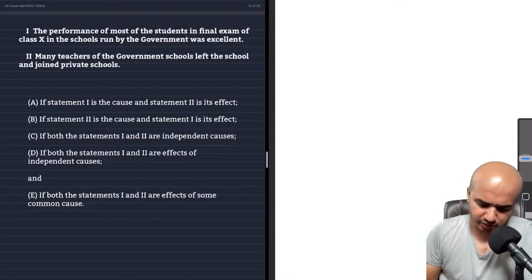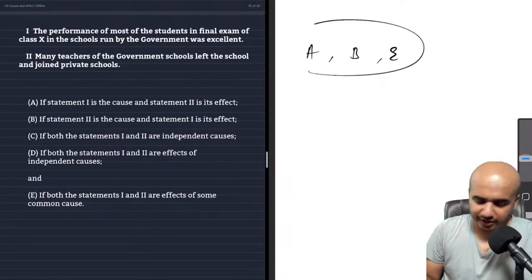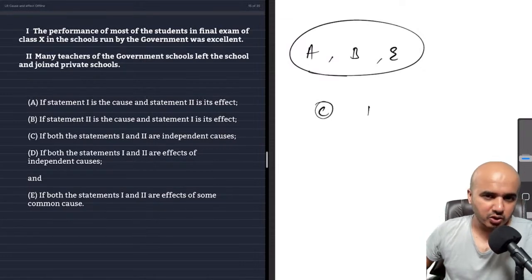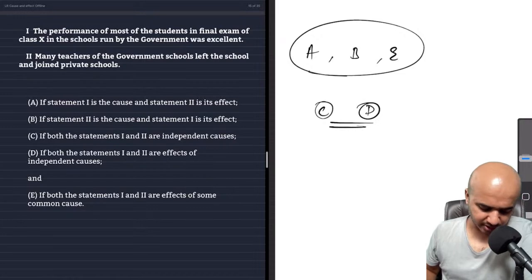So there is no connection whatsoever, therefore we can easily rule out A, B and E. These three options require some amount of connection between statements 1 and 2. If there is no connection, then we look at C and D. Only two options to look into. So let's look at both options.